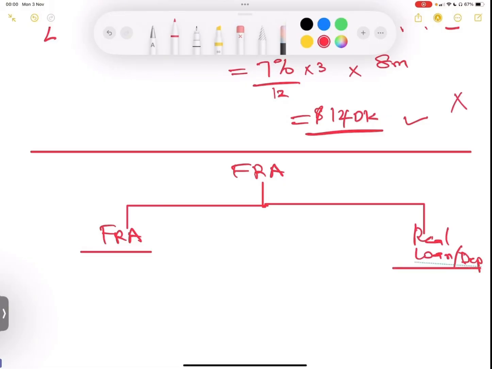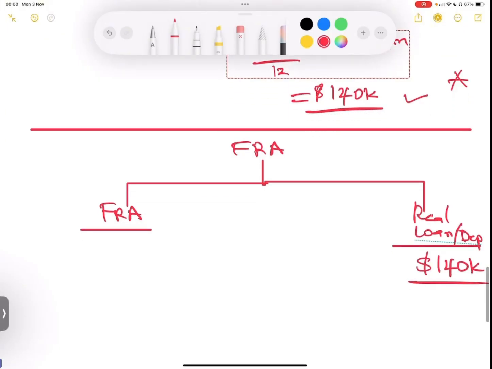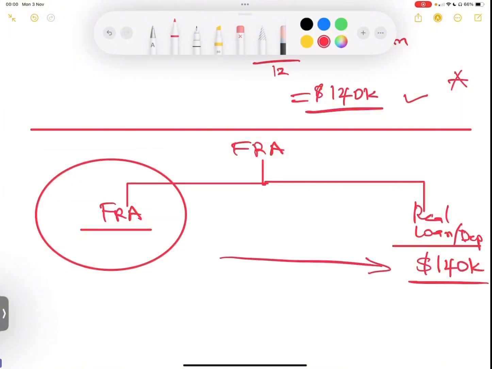And that's why I tested it, because you always need it. That is what we've already done up here. For the real one, we know that we will always have to pay 140K anyway. But now, what we expect is that the outcome of our FRA will have effects on this real transaction, and that's how we are hedging it.